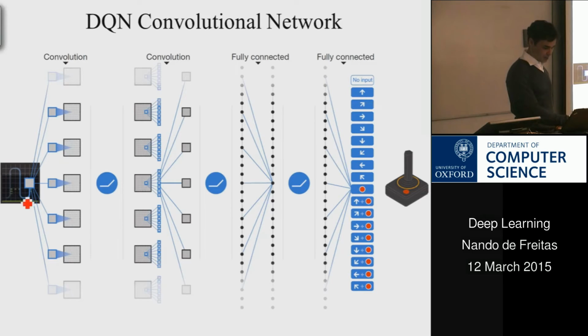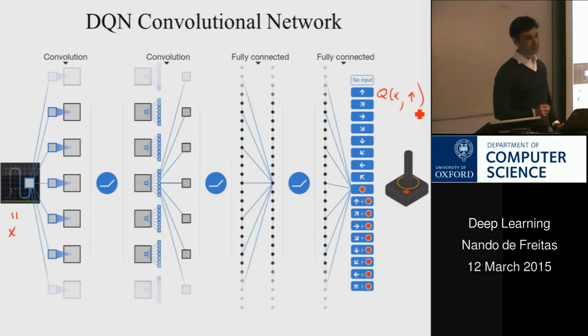So probably best seen here. The output of each network, when it takes an image as an input, will be Q of whatever that image is, X, and this action, which I guess is up arrow. So each output is one of these Q values.